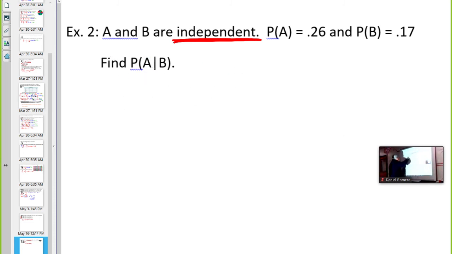They're asking only for the probability of A, on the condition that B has already occurred. I showed you on the very first slide: when they ask for a conditional probability and the events are independent, it's just the same as whatever the first one listed is. 0.26, bam, done. Equals 0.26.